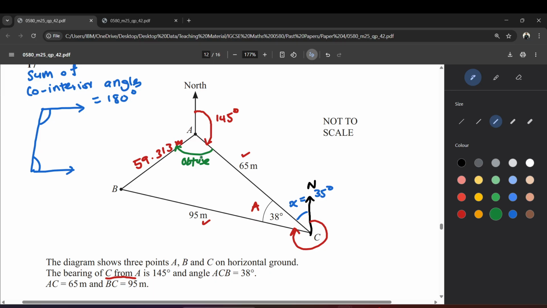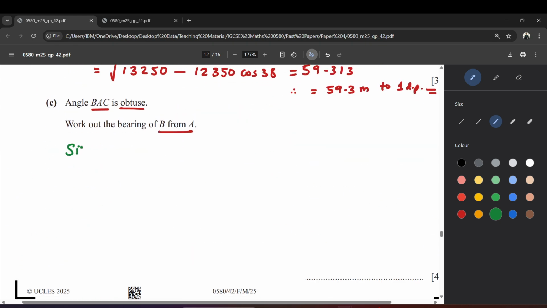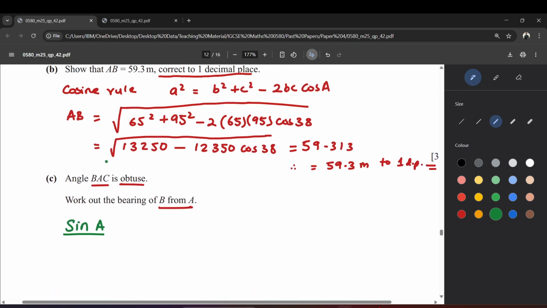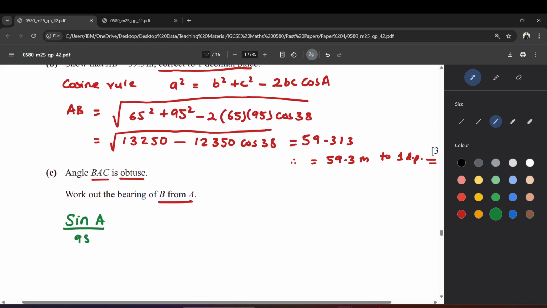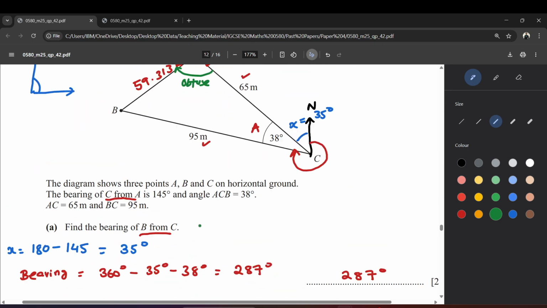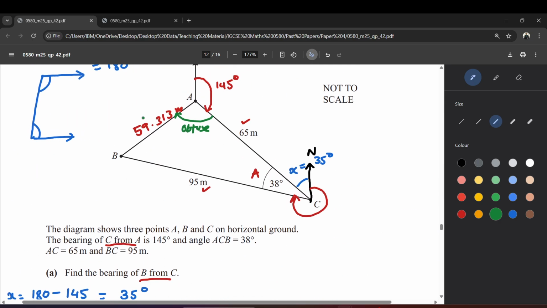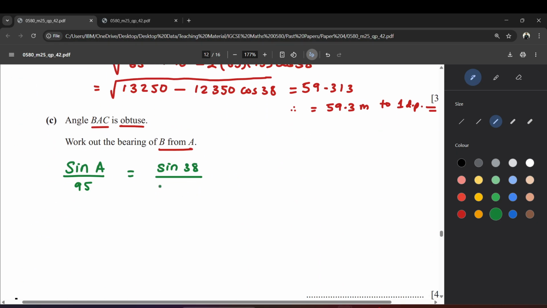Now what I can do is I have two options. I can use cosine rule, because I now have three sides and I need to find this angle, or I can use sine rule as well. So what I'm going to do is I'm going to use sine rule. So we need to find this angle. I'm going to say sine A divided by the side which is opposite to angle A is 95 equals sine 38. That is the given angle, and the side which is opposite to this angle is 59.313.